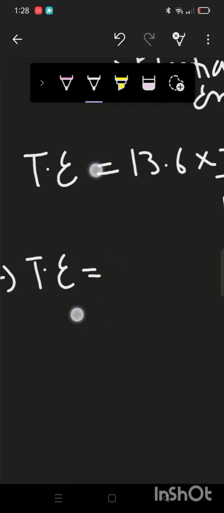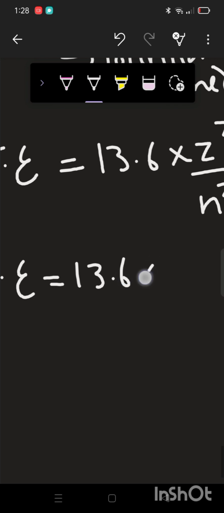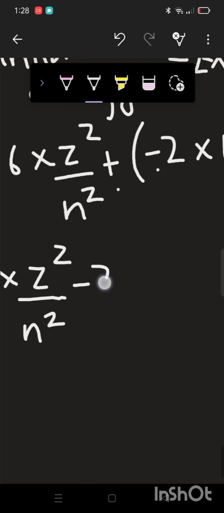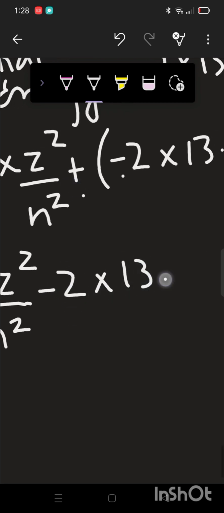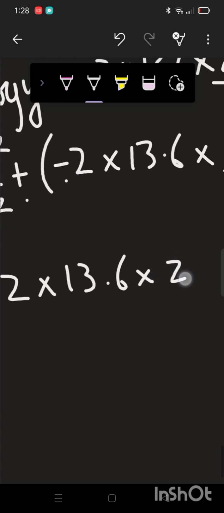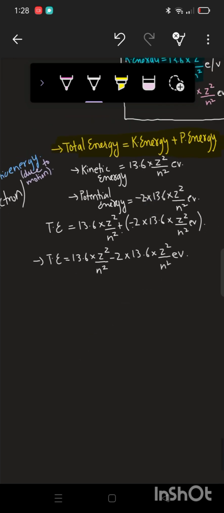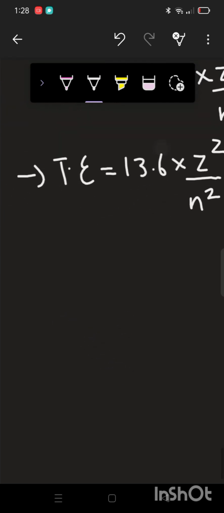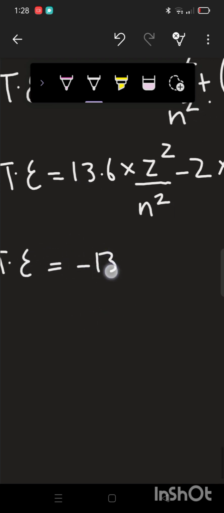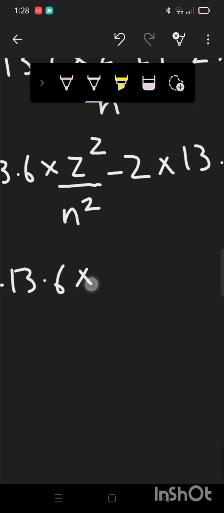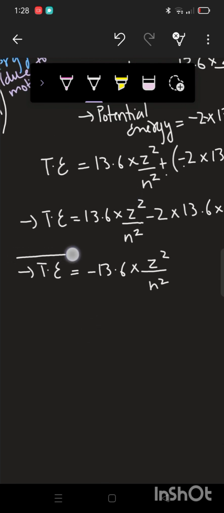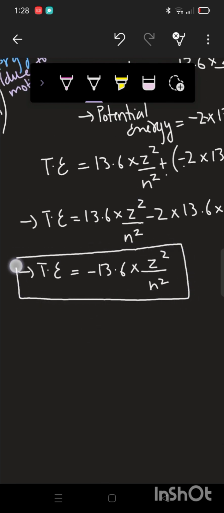Total energy is equal to 13.6 into Z square by N square minus 2 into 13.6 into Z square by N square electron volt. When we simplify these terms, we get total energy equal to minus 13.6 into Z square by N square.